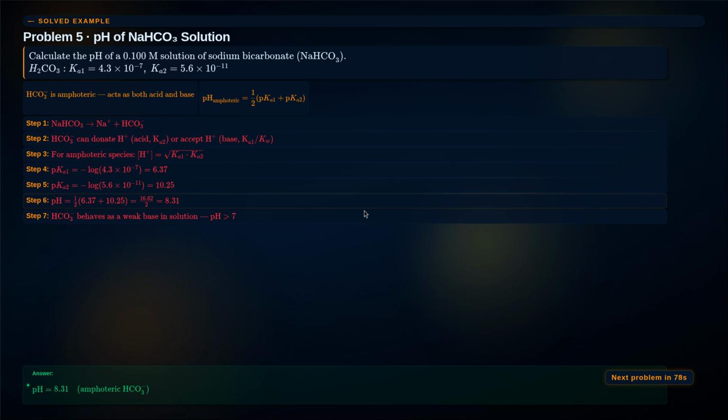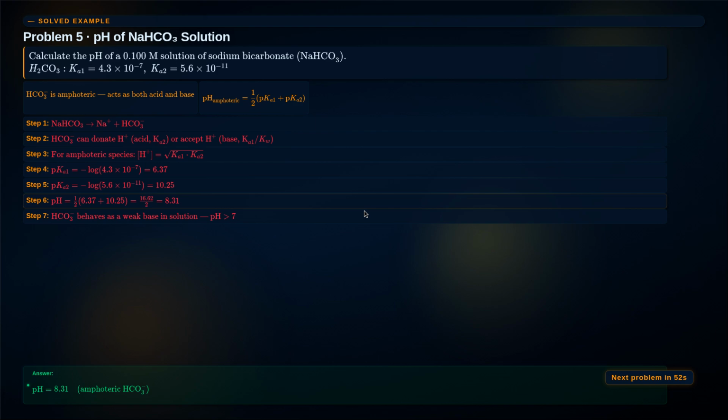Step 3. For amphoteric species, the H+ concentration equals the square root of Ka1 times Ka2. Step 4. pKa1 equals negative log of 4.3 times 10 to the negative 7, which is 6.37. Step 5. pKa2 equals negative log of 5.6 times 10 to the negative 11, which is 10.25.